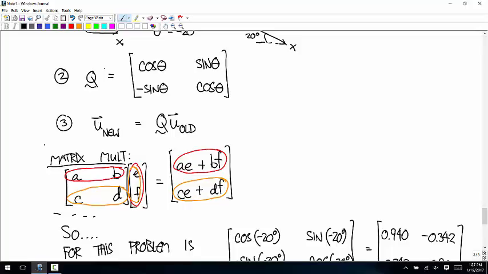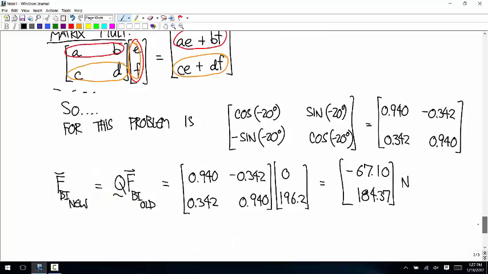It looks like a pain in the butt when you write out all the elements, it seems like sort of a tedious process, but in the course materials in D2L, I gave you a list of programs that you can enter into TI calculators. If you put this program in there, all you have to do when you want to do a coordinate system transformation like this is enter in the angle you want. It produces the matrix, multiplies by the vector, and it's really, really fast and easy once you get used to it.